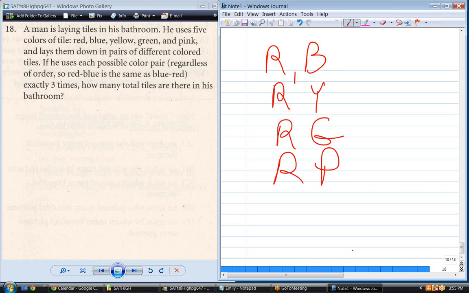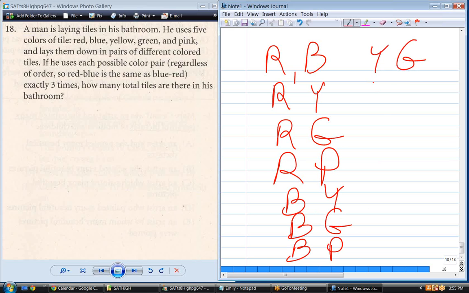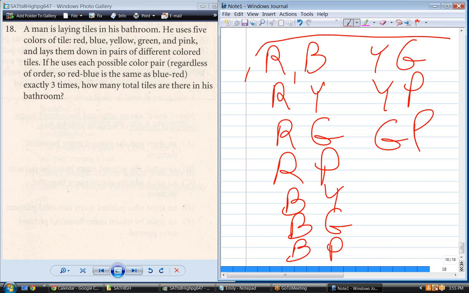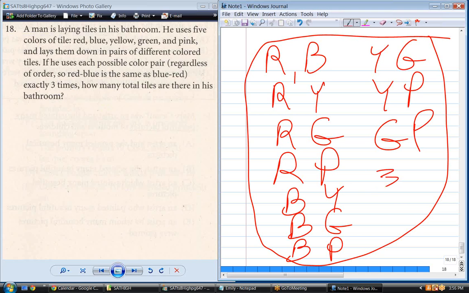There's 4. Now we have blue, yellow, blue, green, and blue, pink. There's 3 more. And then we have yellow, green, and yellow, pink. There's 2 more. And finally we have green, pink. So there's our 10 possible combinations. So if we use each one 3 times, we have a total of 30 sets of pairs. That's 60 tiles.